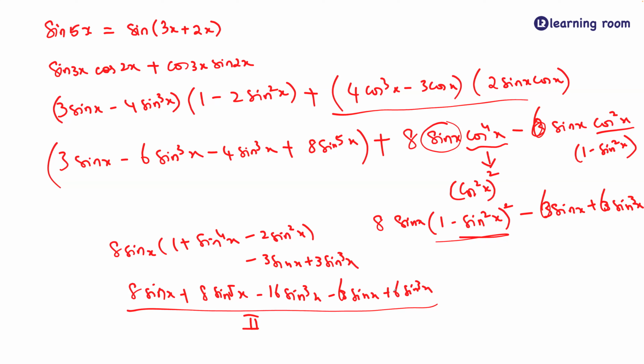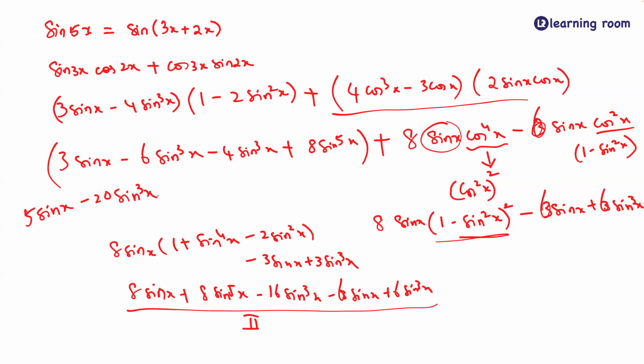So listen, 3 sin x plus 8 sin x is 11. 11 minus 6, 5. So that is the first term, 5 sin x. Minus 6 minus 4, minus 10. Minus 10 minus 16, minus 26. Minus 26 plus 6, minus 20 sin cube x.